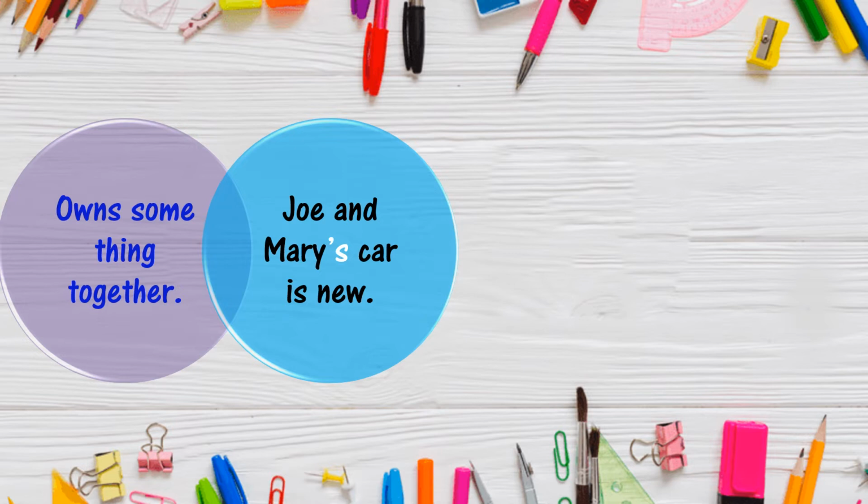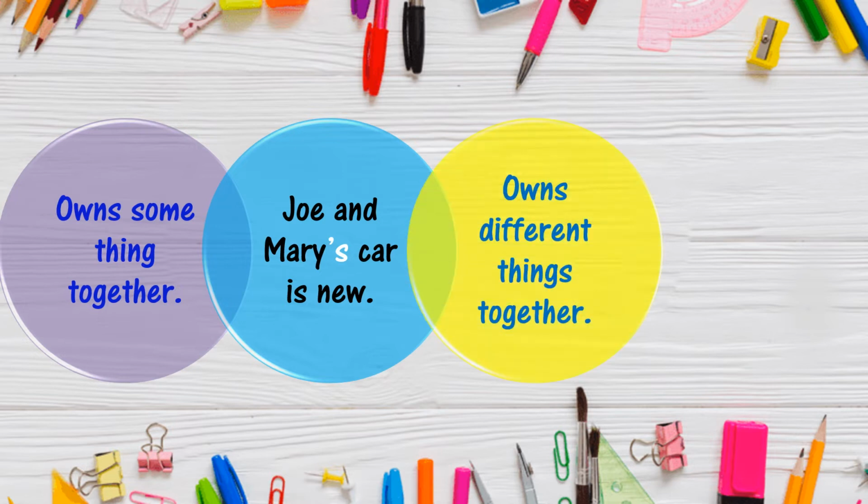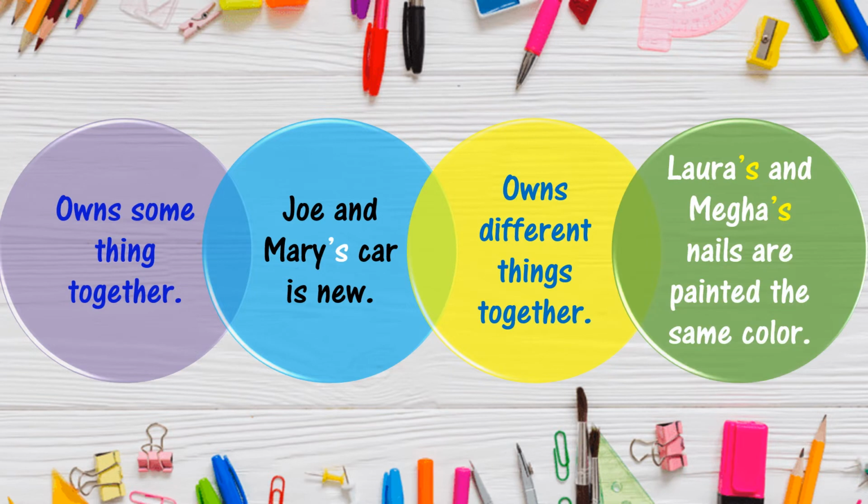Alright, if two people own two different things, you will add apostrophe S to each name. For example, Laura's and Meghan's nails are painted the same color. So here each girl has her own nails. So apostrophe S is added to both the names. Did you notice that, children?